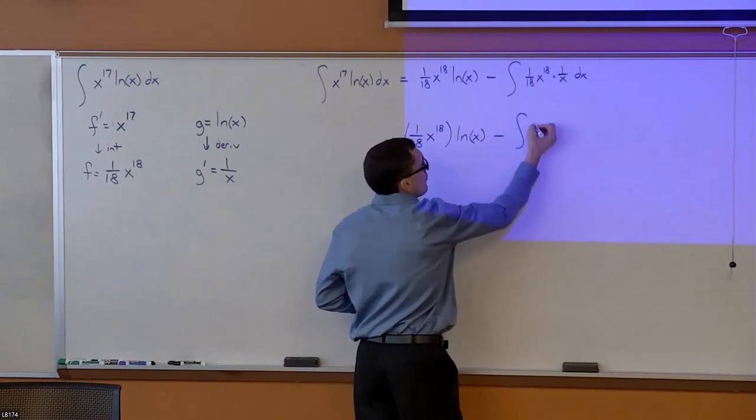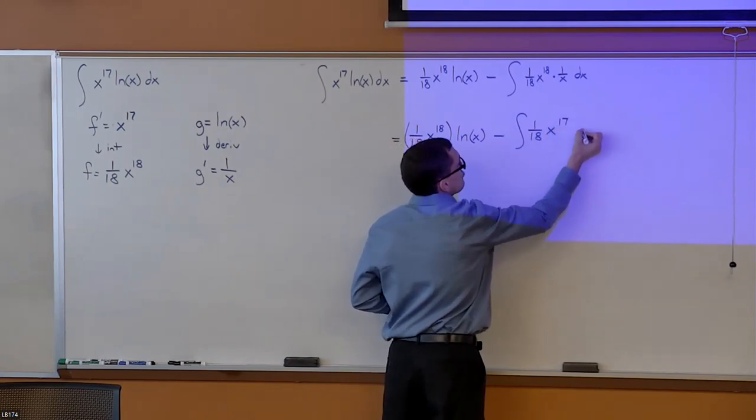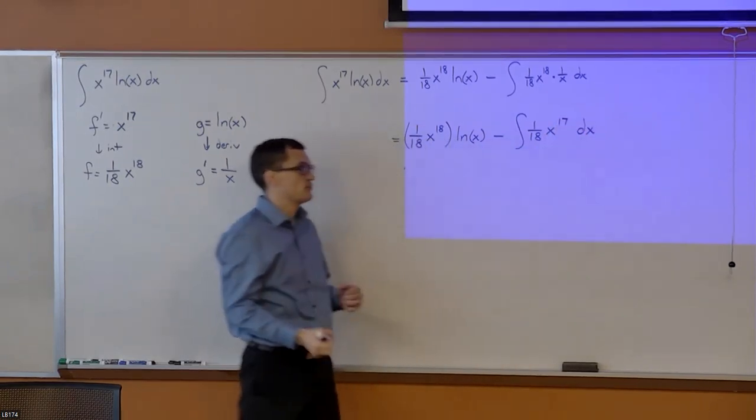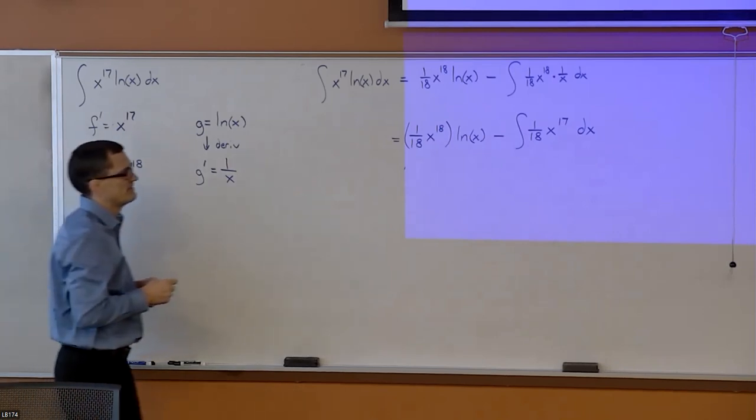Over here, what's going to happen when you simplify is you'll get x to the 17th. More specifically, 1/18 times x to the 17th, that we need to integrate.